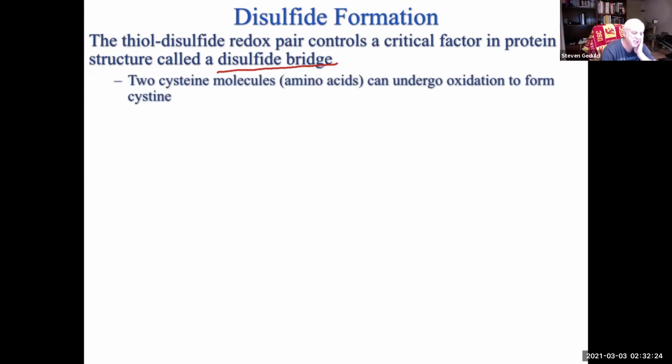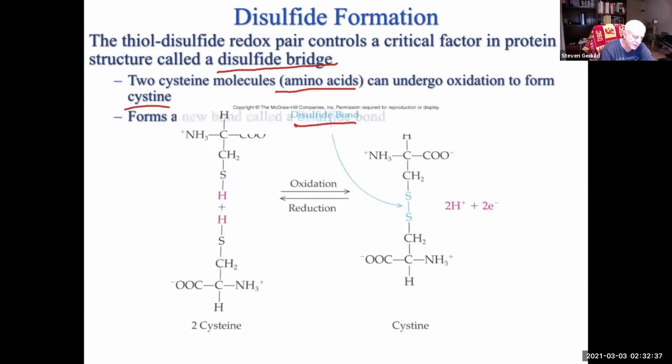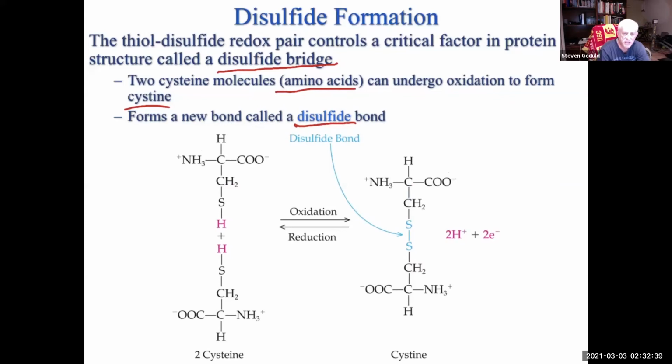Two cysteine molecules, which are amino acids, undergo oxidation to form cystine. It forms a new bond, a disulfide bond, in doing so. And here are the amino acids. Again, we'll go over this in chapter 17 or something like that as it comes up. Here are 2 separate molecules. You're going to have an oxidation, which means you either gain oxygen or lose hydrogen.